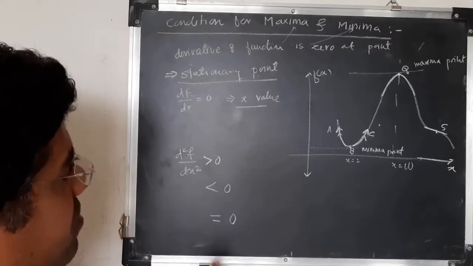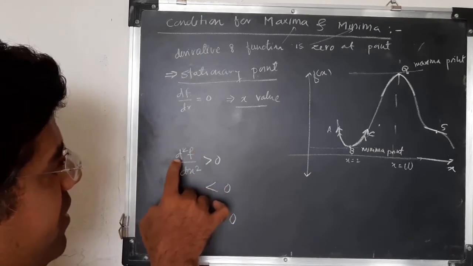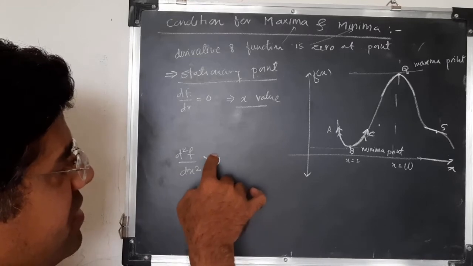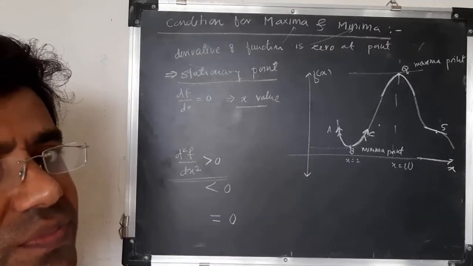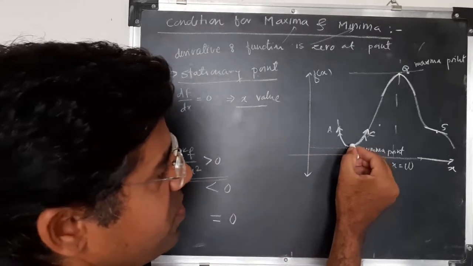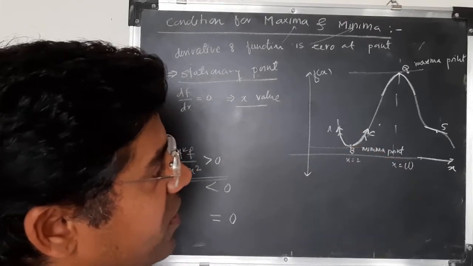So this is one case. d2f by dx square is greater than 0. The first derivative is 0. Suppose a point B is a minimum, but we don't know using that particular graph.